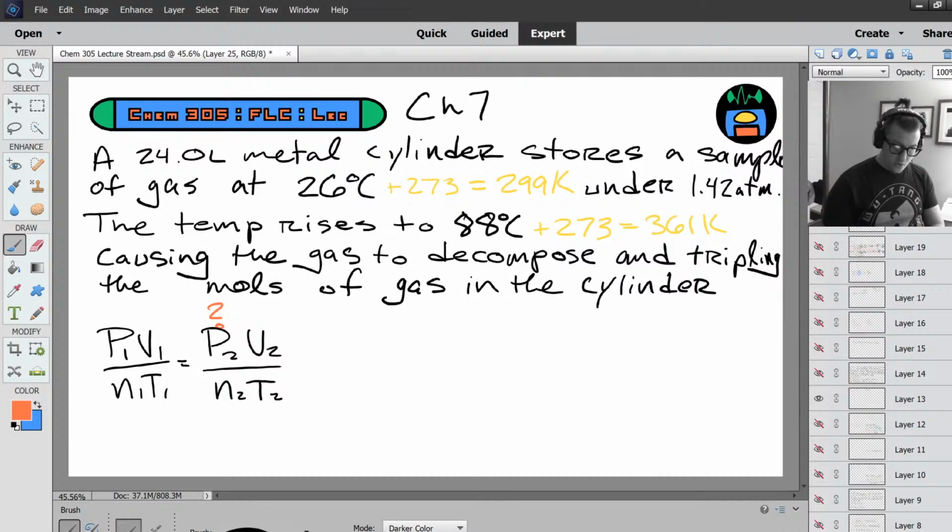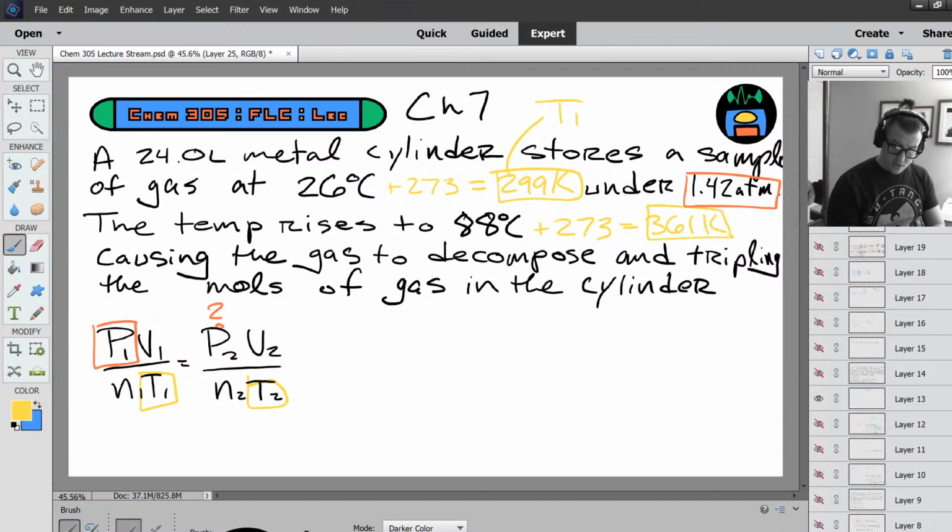Now we know the initial pressure, it's right here. We also know both our initial and final temperatures. This is T1.